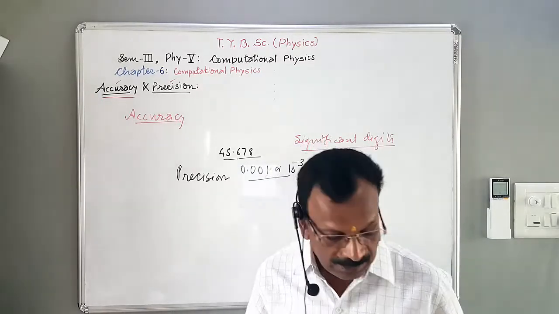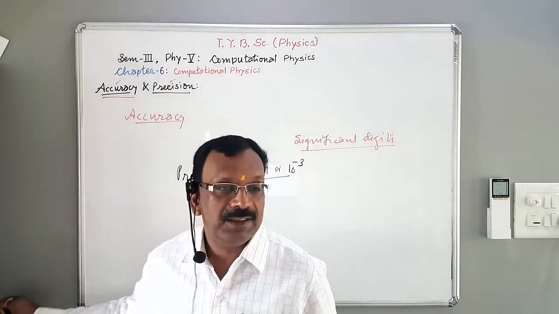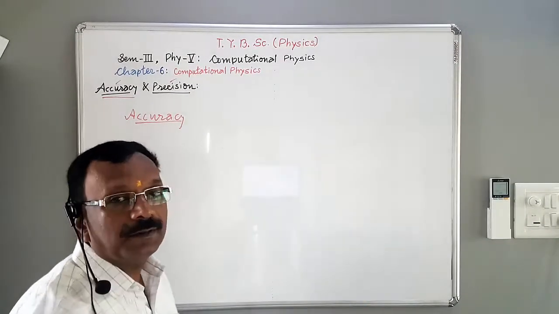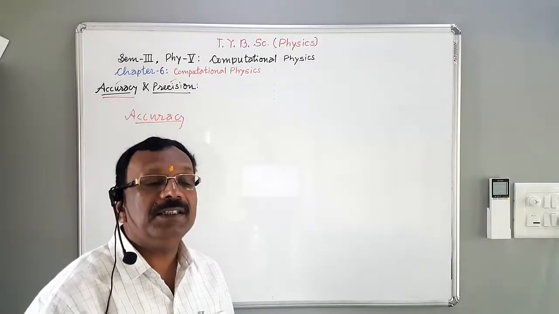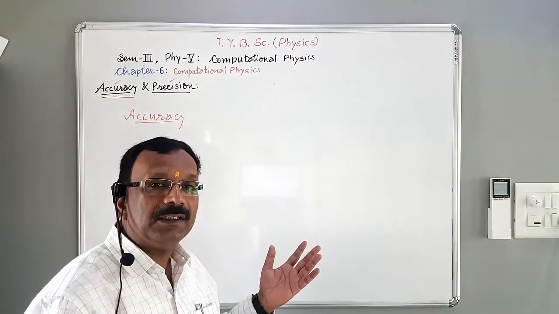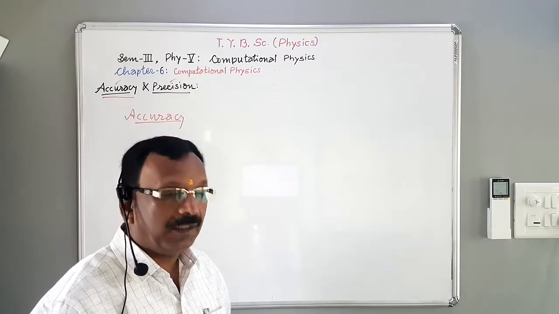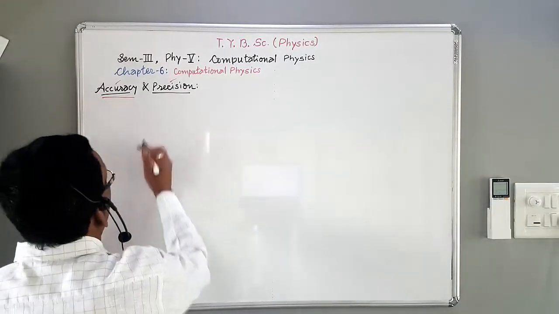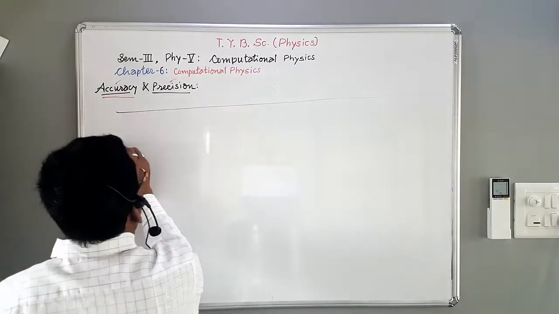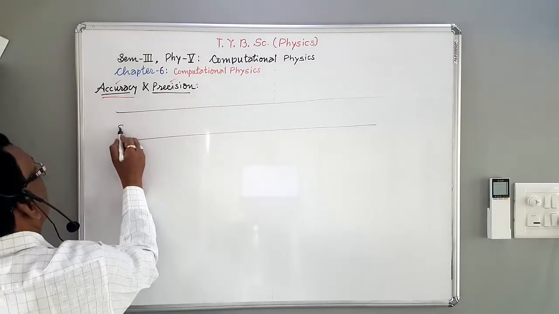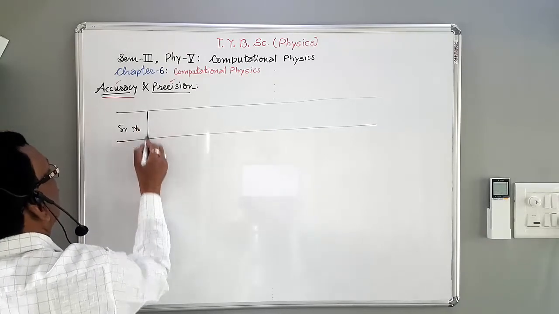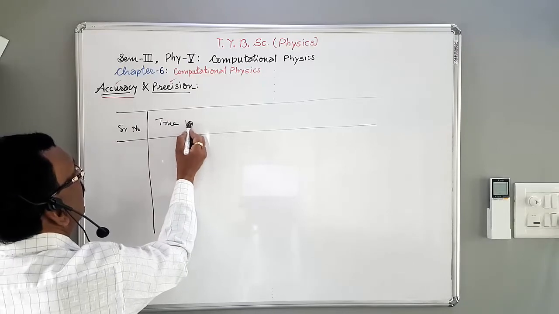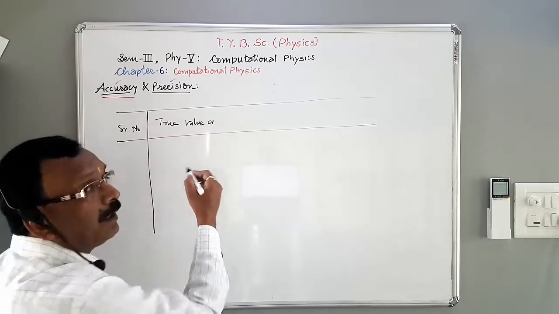Now in order to understand this, we are going to consider the relation between significant digit and accuracy as well as precision. So consider a table. In this table, the first column is serial number, then true value or exact value.